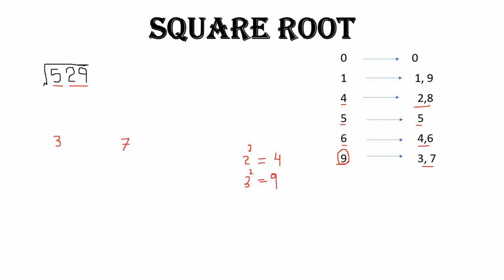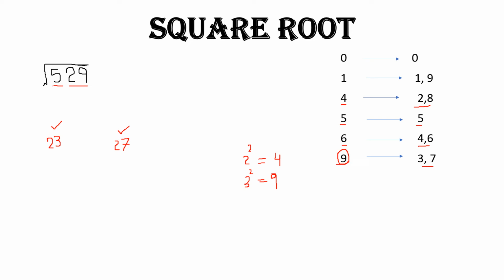That means if you take the square of 2, you will get 4, and 4 is less than 5. That means the number will be either 23 or 27. We have only two options, and we have to decide which is the correct one.